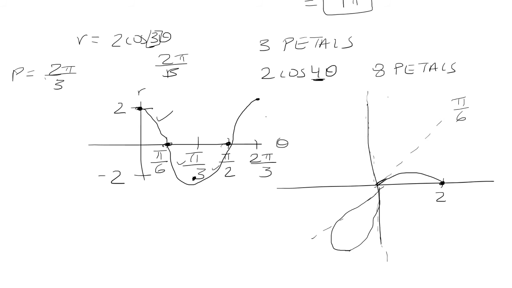From pi over 2 to 2 pi over 3, that's over here, r is positive. So at 2 pi over 3, we're at 2. Let's say that's over here. From pi over 2 to 2 pi over 3, r is getting bigger. So r starts at 0, and it gets bigger, reaching 2 when theta is 2 pi over 3.